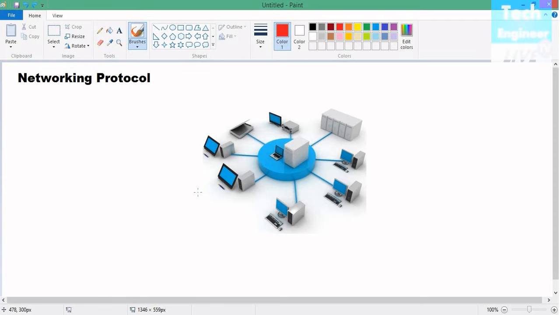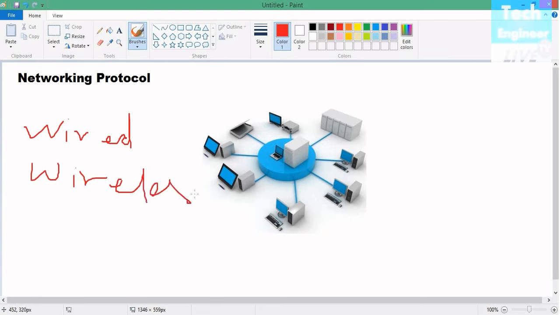But mainly in networking, we need to know the type of network and how it is connected, either wired or wireless.